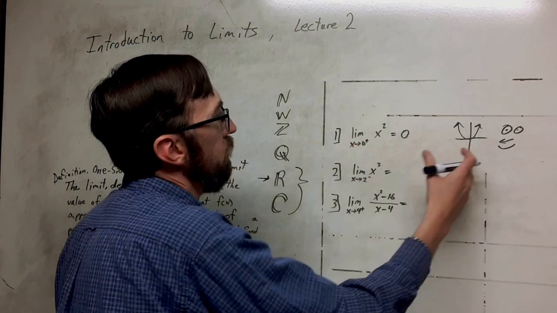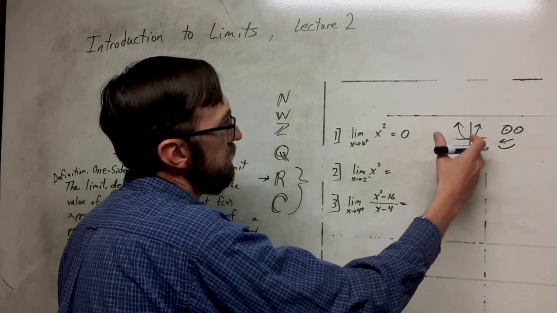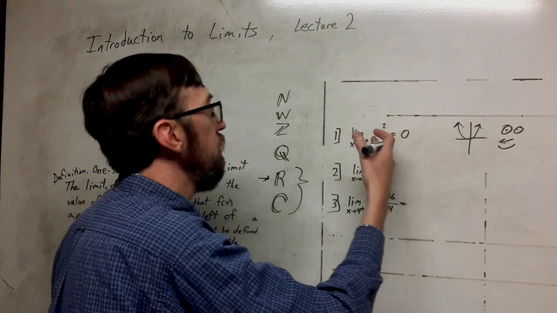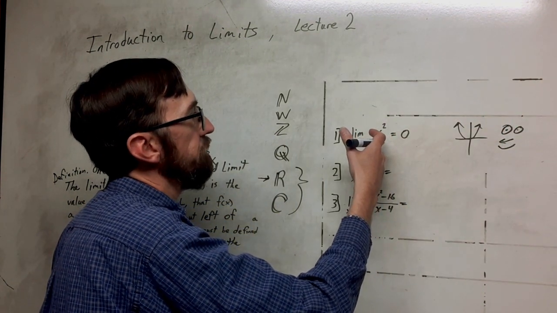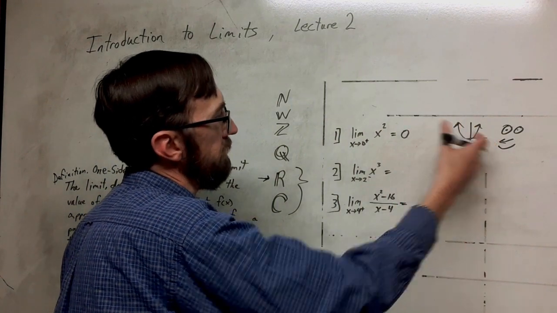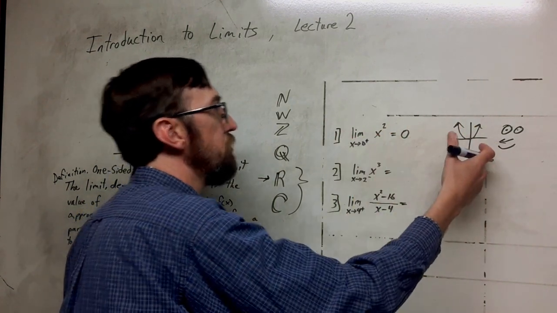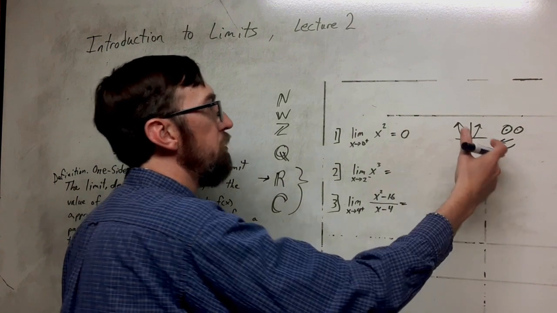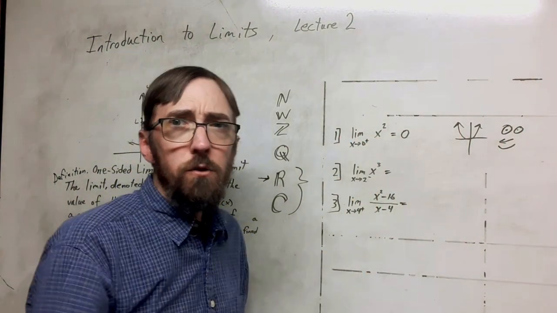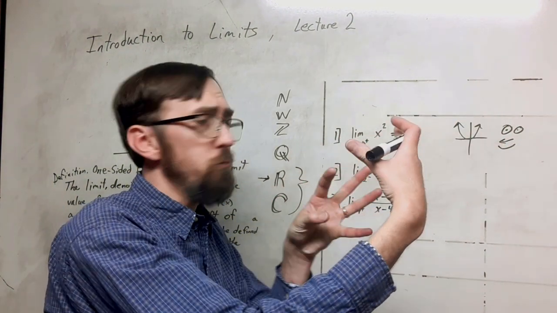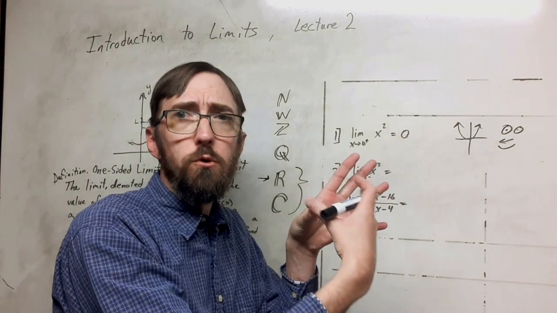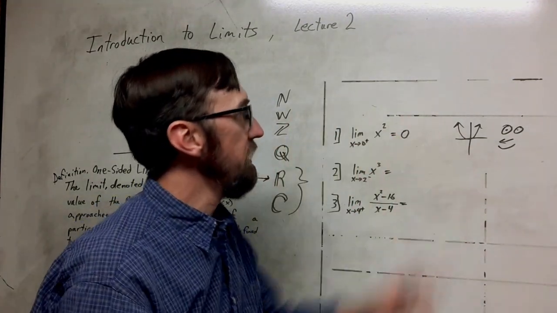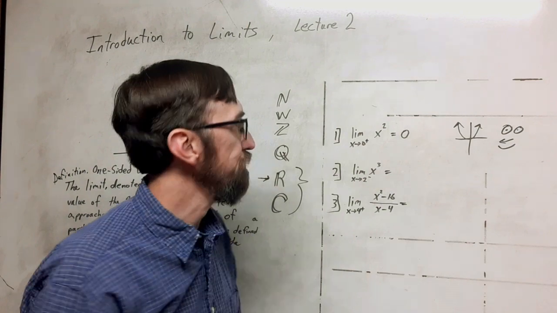If I plug 4 in, that's to the right of 0, 4 will give me 16. If I plug 3 in, I'll get 9. If I plug 2 in, I'll get 4. If I plug 1 in, I'll get 1. Notice the values are getting smaller. Well, where will they go to? What are they getting close to? In this case, they're getting close to 0.